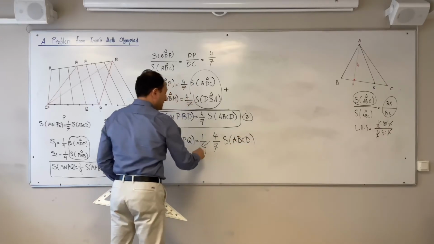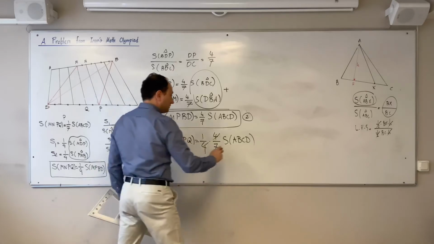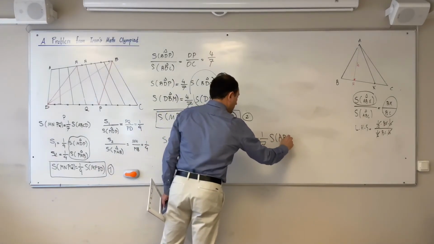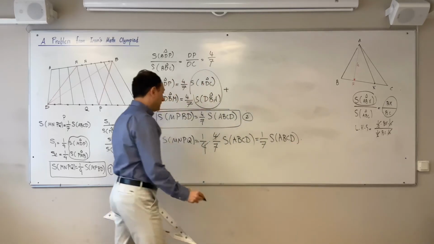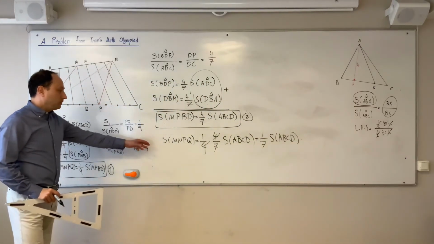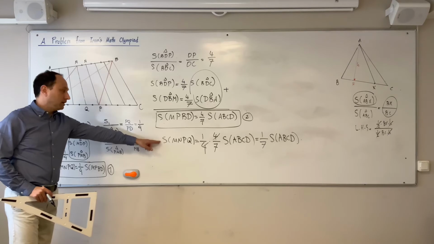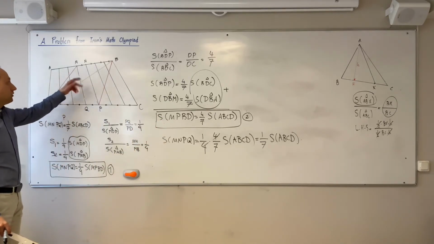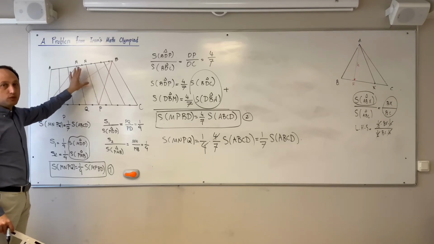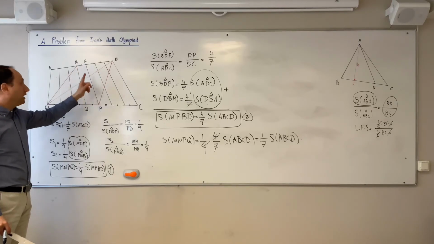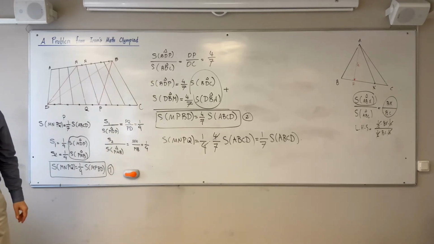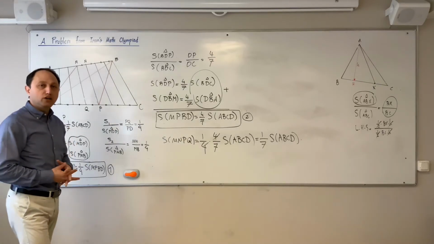I hope that you immediately see that these two are cancelled, and I get 1/7 of the surface area of ABCD. So we were able to show that the surface area here is 1/7 of the surface area of that one. At least we showed that this works for this middle quadrilateral.